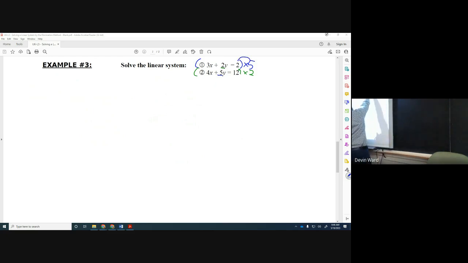And just remember to multiply them all together. So we're going to get 15x plus 10y equals 10. And we're multiplying 2 by everything, so we get 8x plus 10y equals 24.